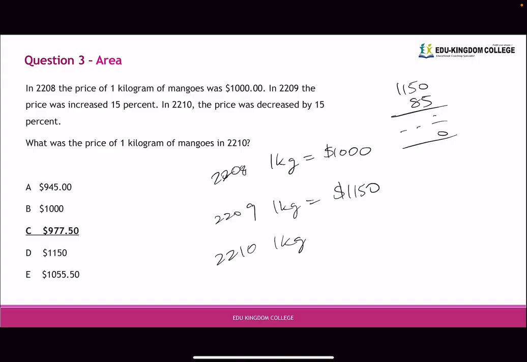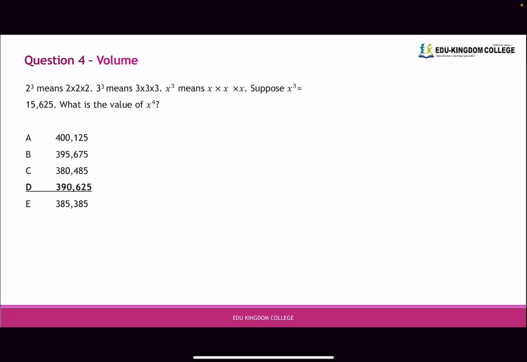Working through the multiplication, it should give you 5, 7, 7, 9, so you should get $977.50, because remember, it's not 85, it's 0.85. So you should have carried it over too. So the answer is C.